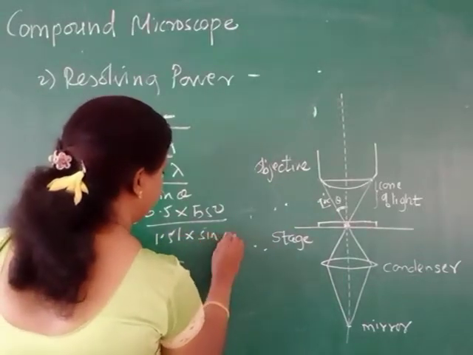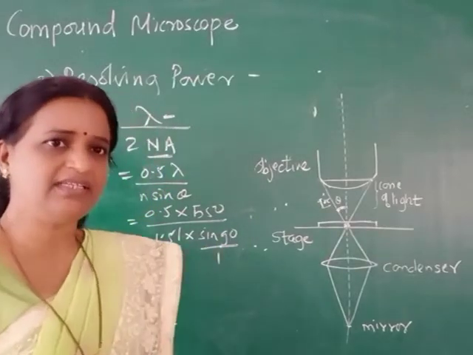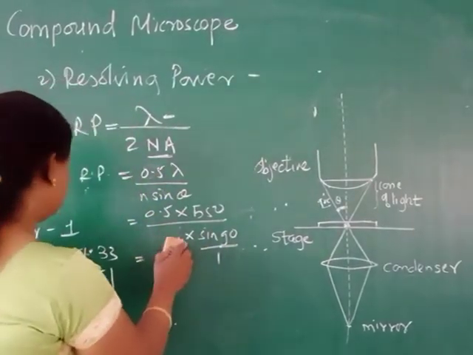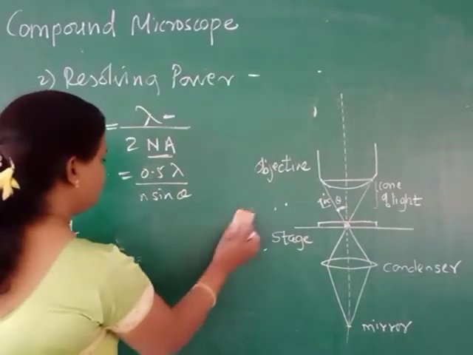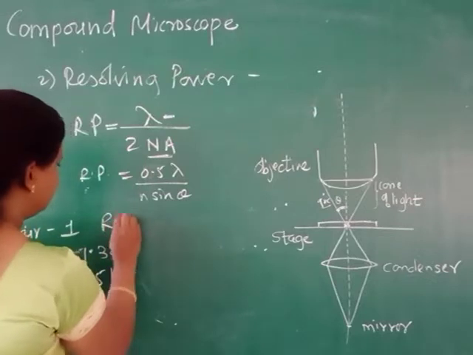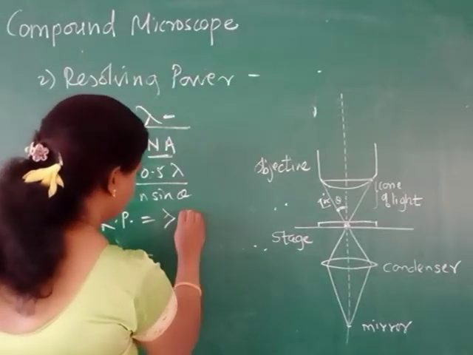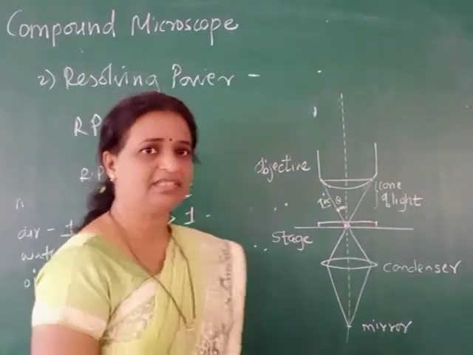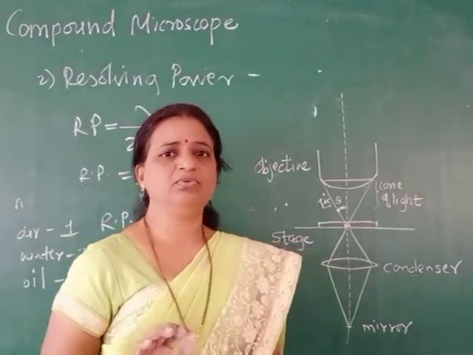Sin 90 is always 1. So if we use air, the value will always be less than 1. So it is impossible to bring the value of resolving power below 1.